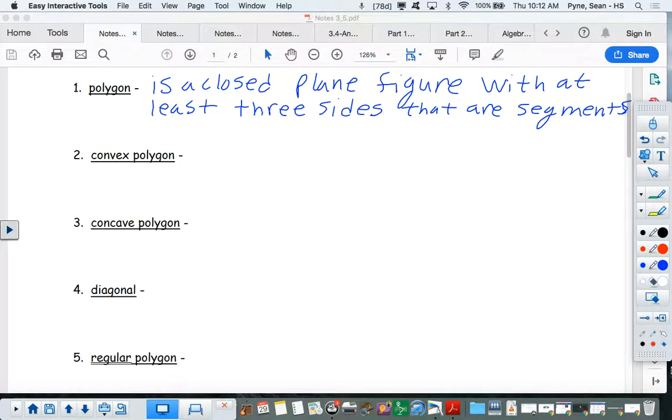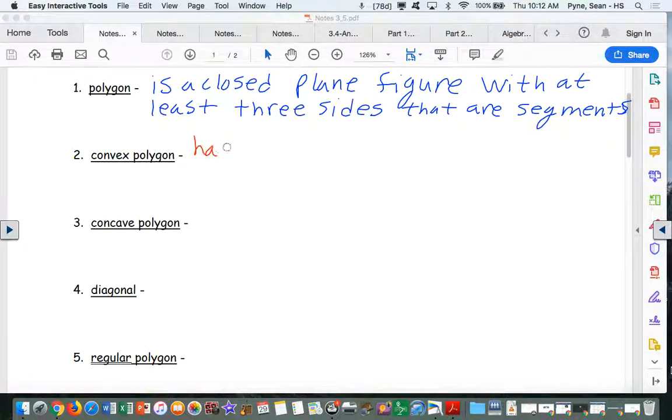All right, next, a convex polygon has no diagonal with points outside the polygon.